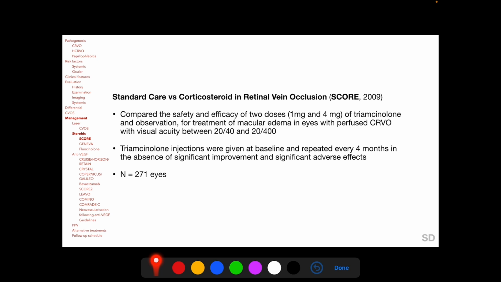Eyes in the triamcinolone groups received triamcinolone injections at baseline, and the injections were repeated every 4 months in the absence of significant improvement in visual acuity and absence of significant adverse effects.